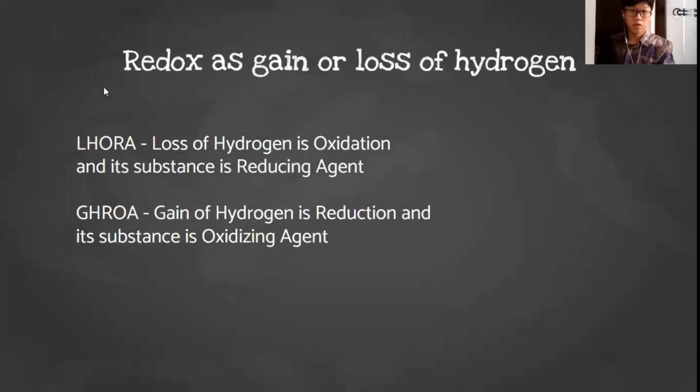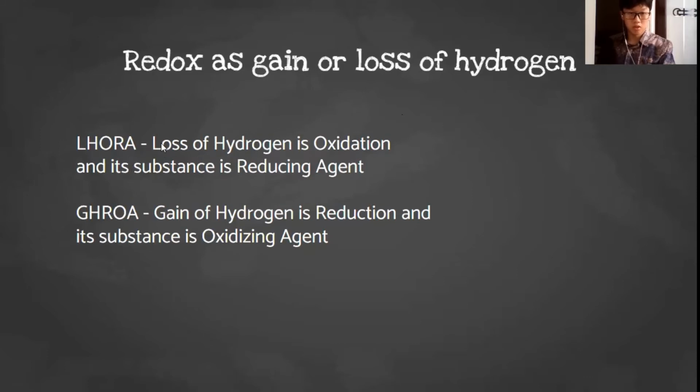For the first one, redox as gain or loss of hydrogen, there are two acronyms which could help you in remembering or memorizing the terms. So first, LoRa, which is the short version for loss of hydrogen, is oxidation, and its substance is the reducing agent.